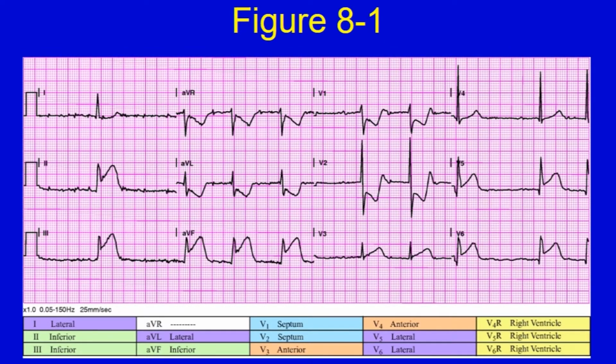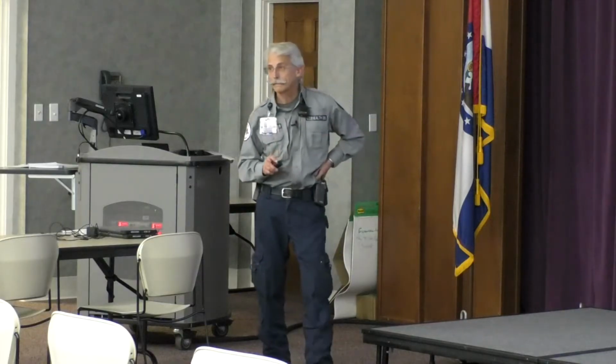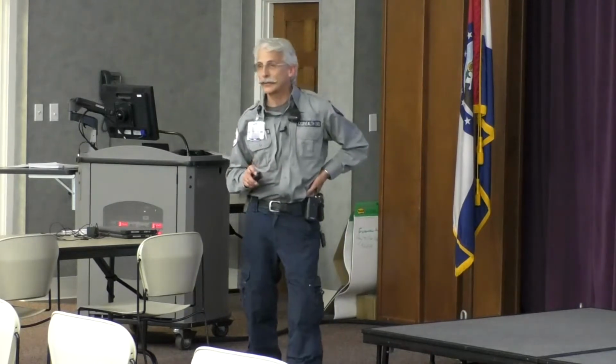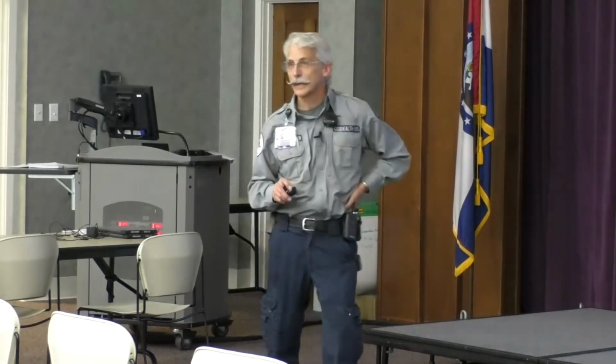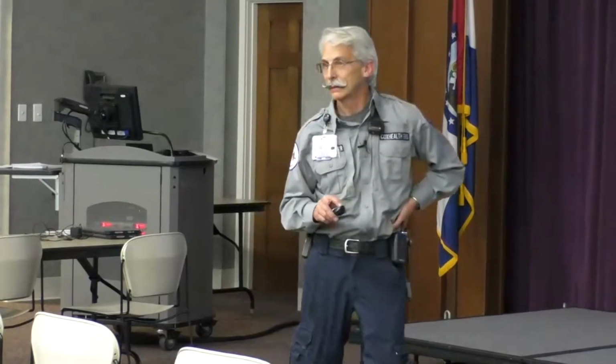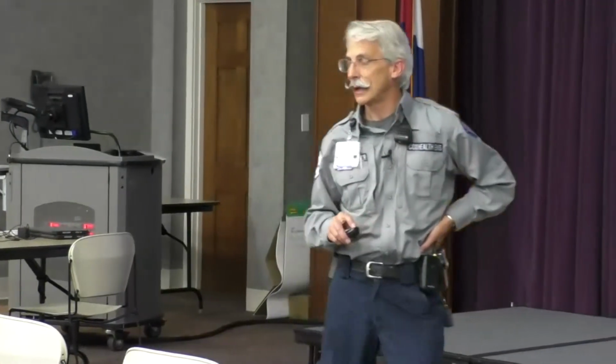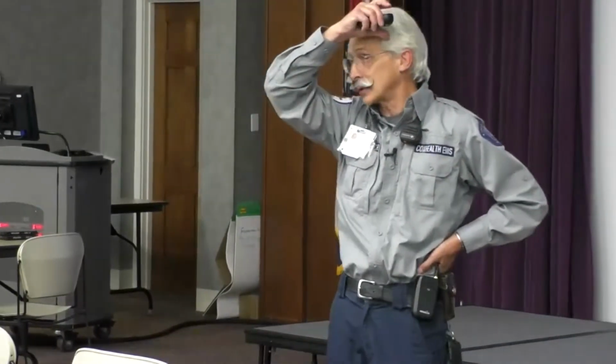Okay? AVL, definitely. V1, V2, right? So what did I tell you about V1 and 2? If they have depression, that it might also be a posterior.